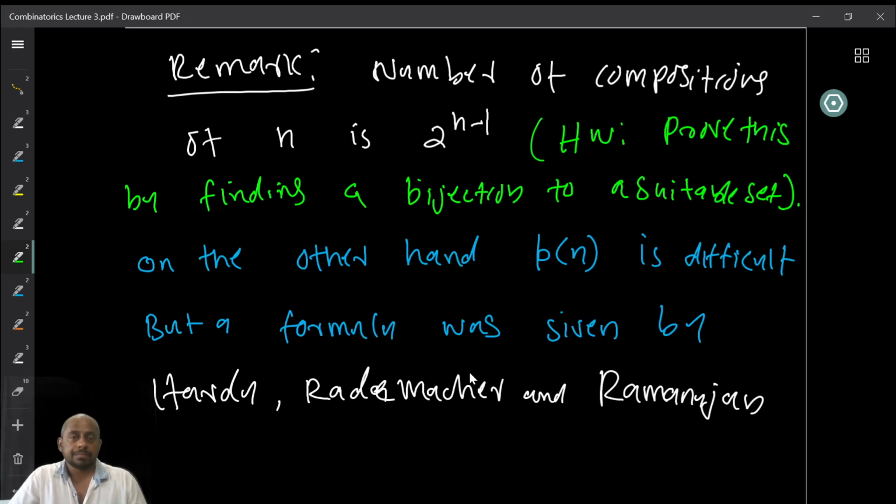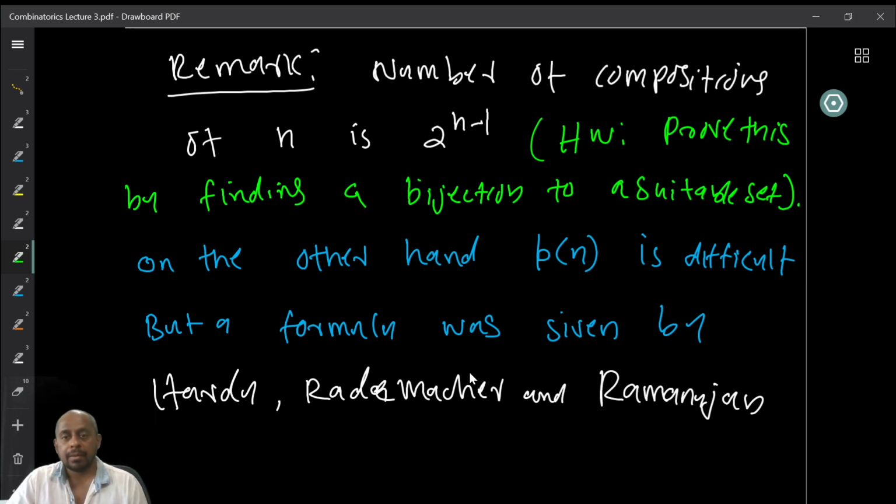Now, just a remark: the number of compositions of n is 2 raised to n minus 1. I don't remember whether we proved it or not. I think we have not, so I can give it as homework. Prove that the number of compositions of n is 2 raised to n minus 1 by finding a bijection to a suitable set.